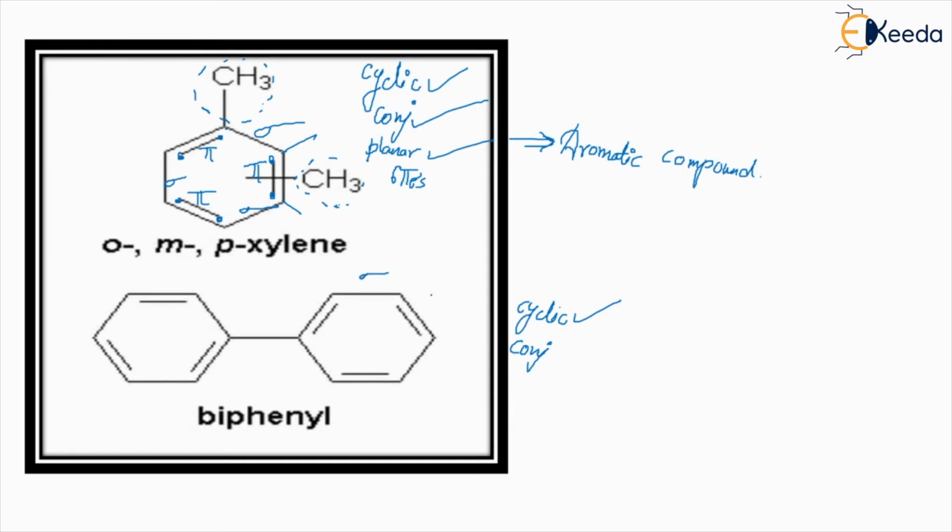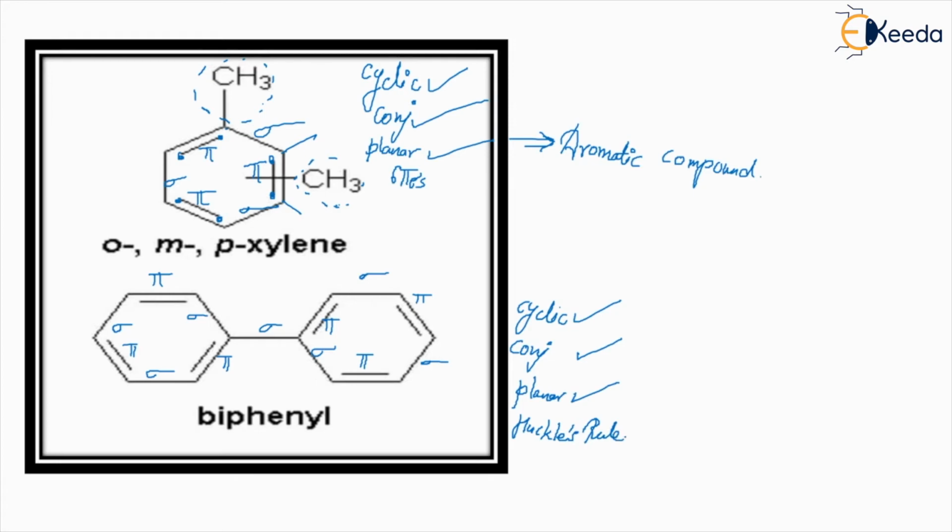Sigma, pi, sigma, pi, sigma, pi. Then you have sigma over here, pi, sigma, pi, sigma, pi, sigma. Conjugated in nature. Is it planar? It will always be planar in nature. What about the Huckel's rule over here.